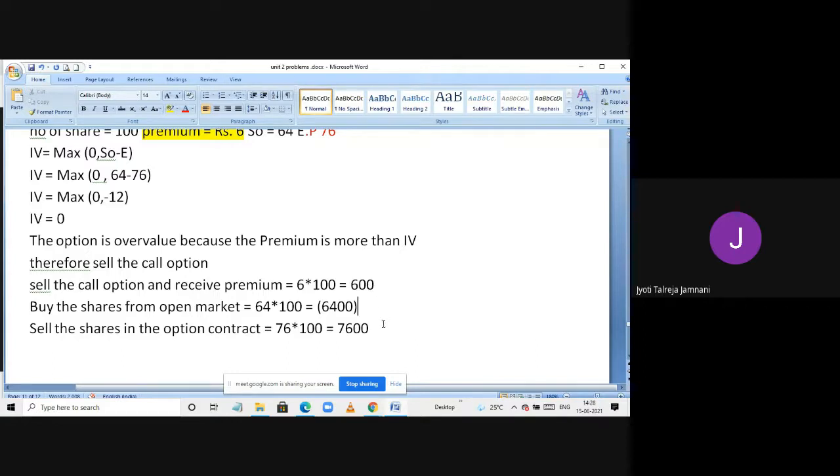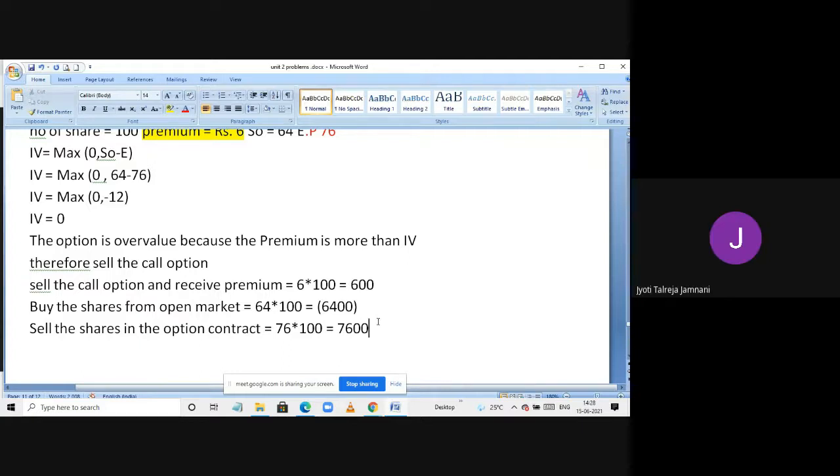Both are positive. We'll add both and we'll minus the shares that we have bought, amount 6,400. So how much will be the gain? 7,600 plus 600, 8,200, minus 6,400. 1,800.